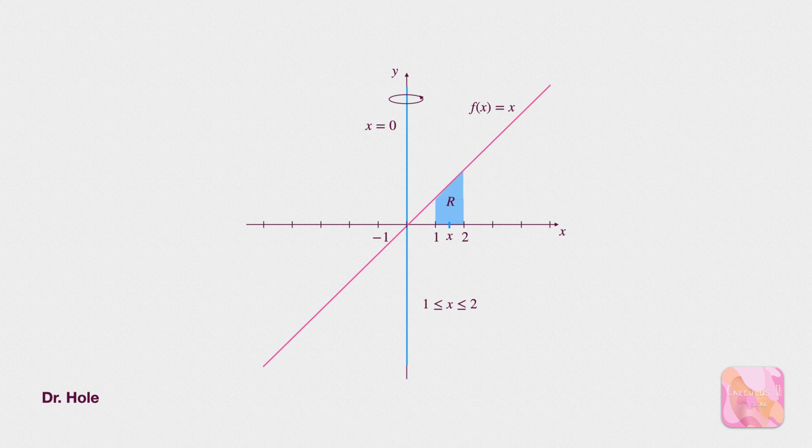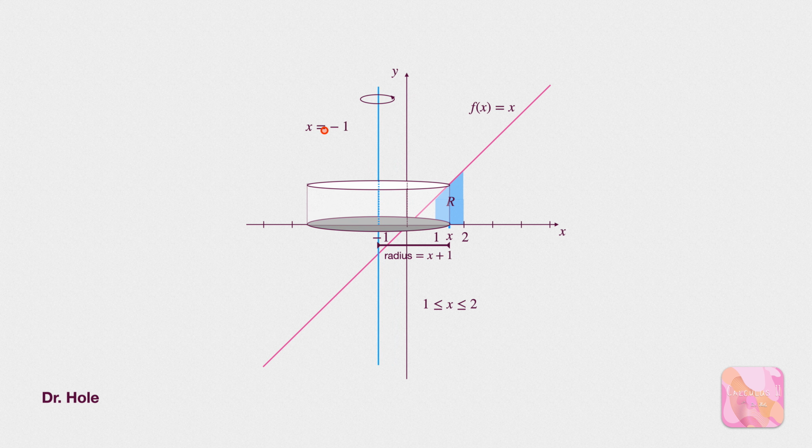But we want to consider the axis of rotation to be x equals -1. Thus, the radius would grow by 1. We can also view this as big minus small, so that x minus -1 produces a radius of x plus 1. Very good.